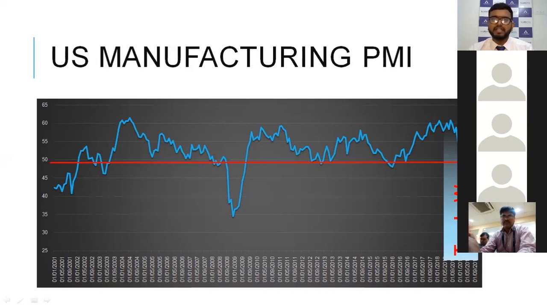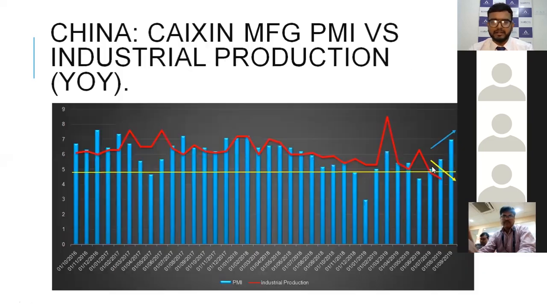Below the 50 mark indicates that there is a contraction in economic activity. For the first time it has recorded a level of 47.5, which is the lowest in any year since the global recession in 2008 and 9.